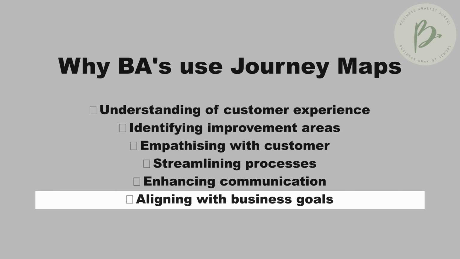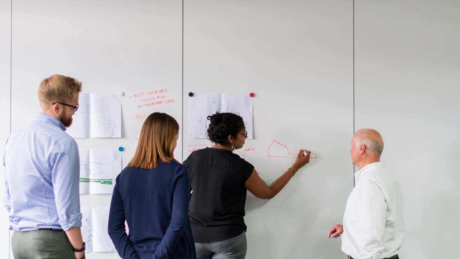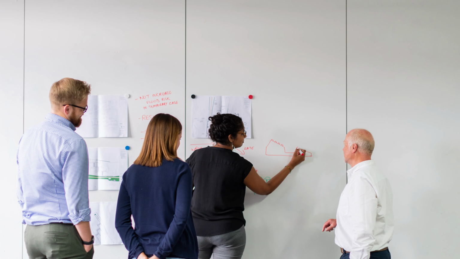Another reason is to align with business goals. The user journey is aligned with the broader business objectives like increasing sales, reducing order processing time, and improving customer loyalty. We want to keep our customers.